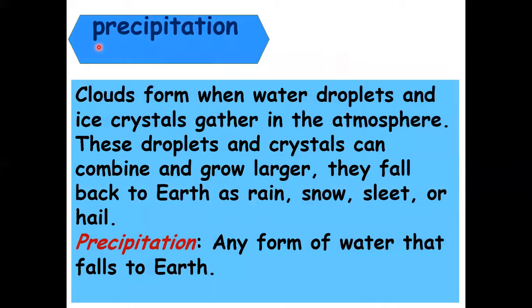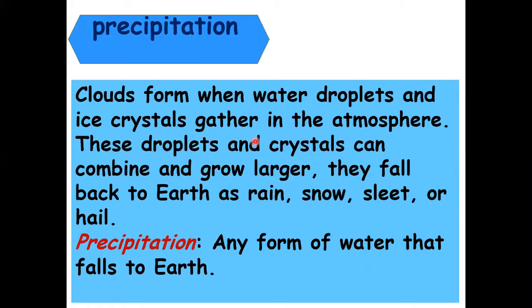Now, precipitation. All of you repeat it. Precipitation. This is the third step. Clouds form when water droplets and ice crystals gather in the atmosphere.